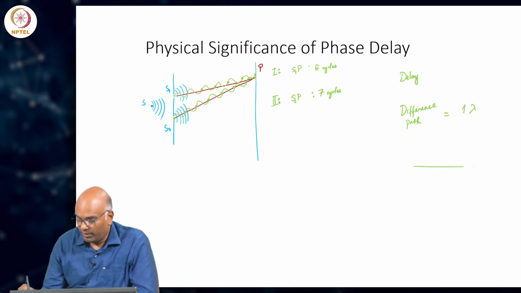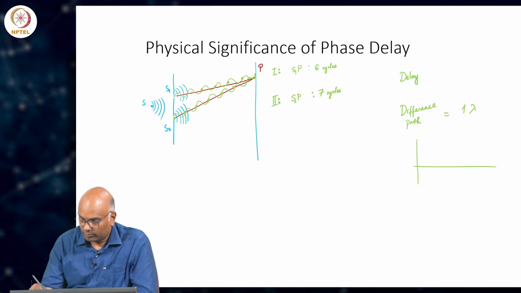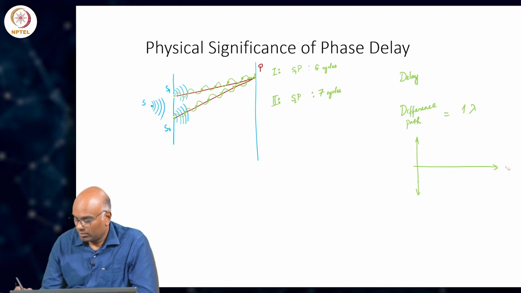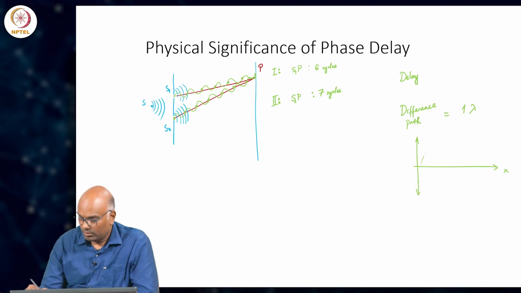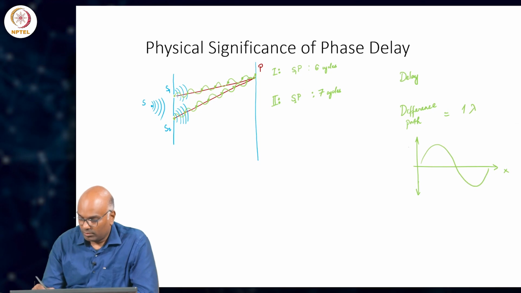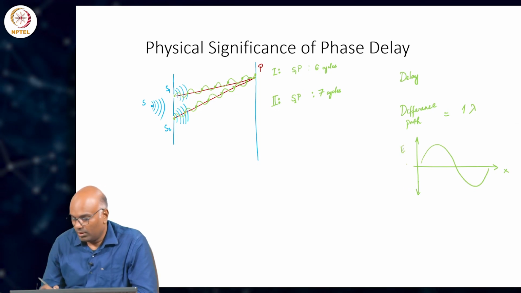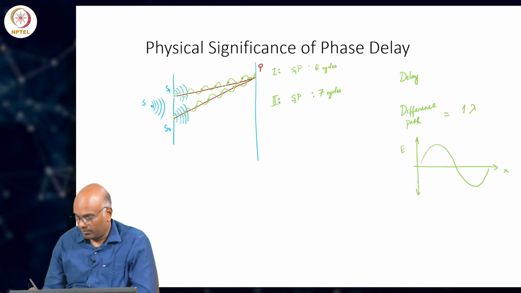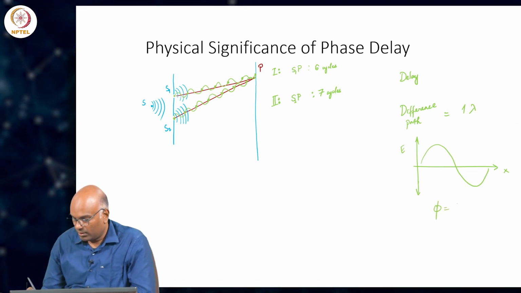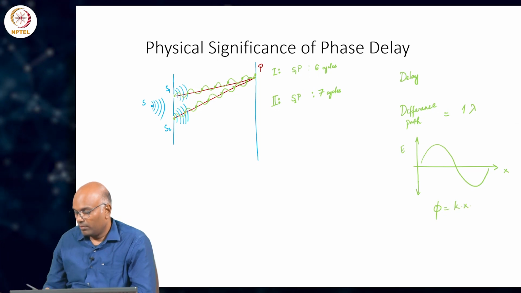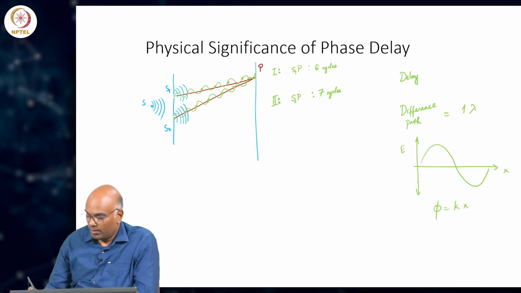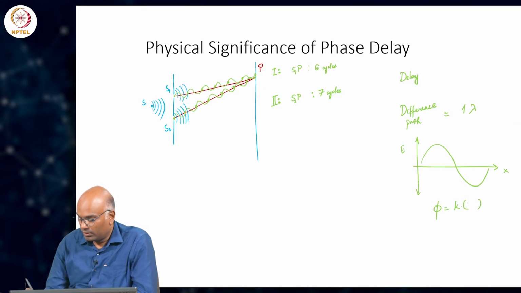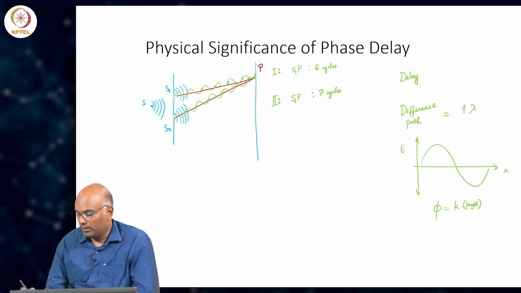but 1 wavelength corresponds to how much of phase? The phase is essentially k, the propagation vector multiplied by whatever quantity in length you are interested in.